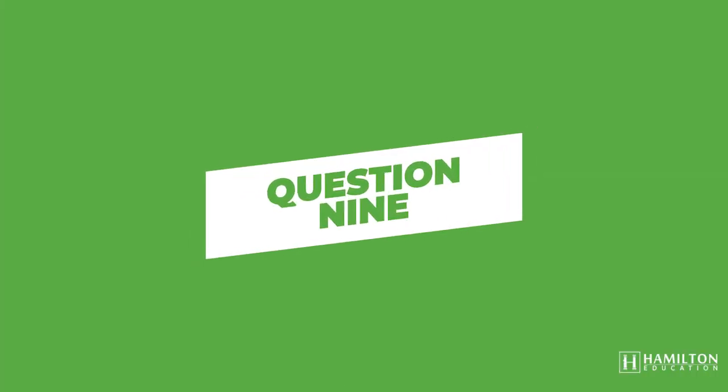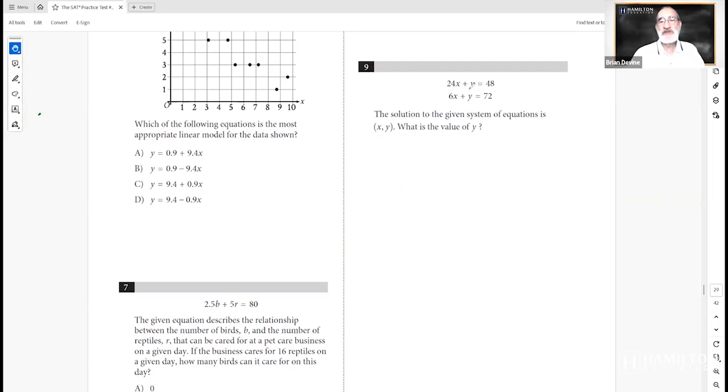Question 9. In question 9, we're given a system of 2 linear equations. The solution to the given system of equations is (x, y). Well, we can see the slopes of the two look like they're different. We could put them into y equals mx plus b form, but I've found that often on the SAT, when you're given a system like this, you can use the process of elimination.